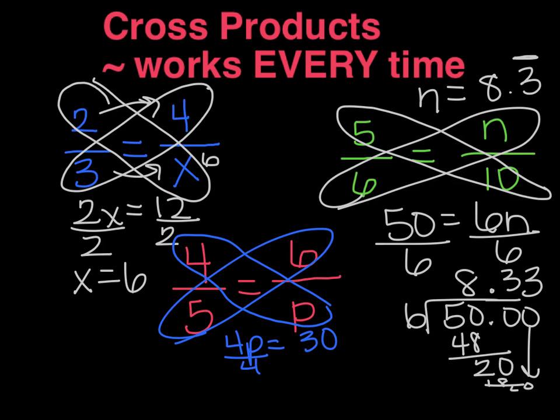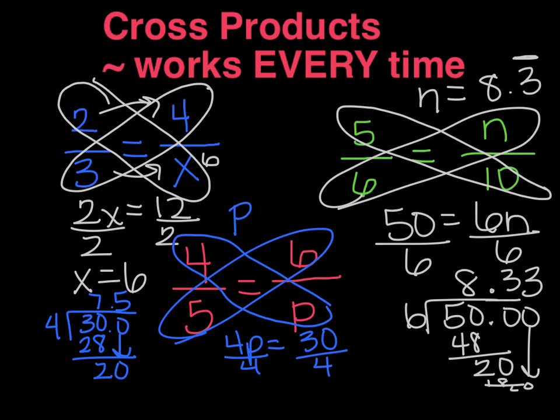So to solve it, all I need to do is take 30 divided by 4, which again isn't going to work out perfectly, but no worries. I add in a decimal, and I know that 4 goes into 30 7 times, and 7 times 4 is 28. I subtract and get 2 and bring down my 0, and 4 goes into 20 5 times. So p, again I'm going to write it on top because I'm running out of room, p is equivalent to 7.5.